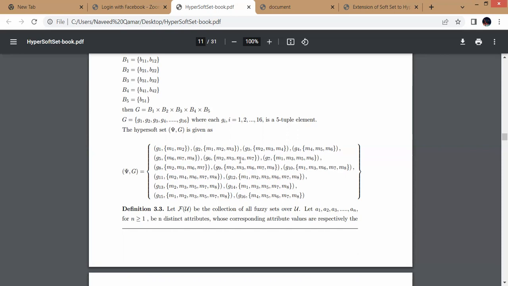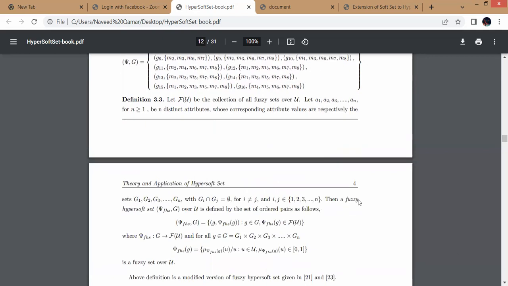So these are some properties like G1, G2, G3 up to G16, and these are the collection of mobiles which include these properties. So the further definition is: let F of U be the power set or collection of fuzzy subsets.